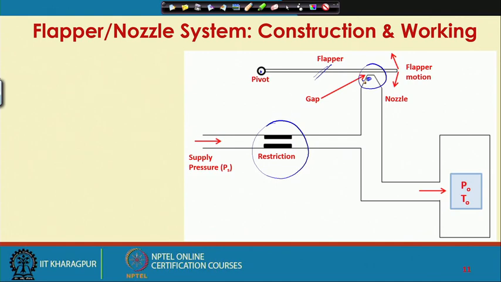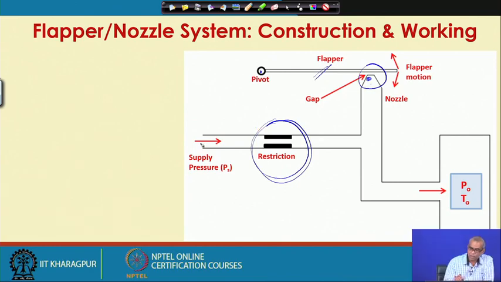The gap between the flapper and nozzle determines the restriction here. This restriction is fixed. If I supply air, the most commonly used fluid, with pressure Ps, it passes through the fixed flow restriction and then depending on the gap between these two, there is another flow restriction.